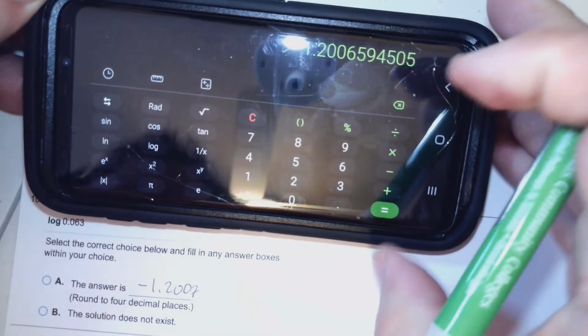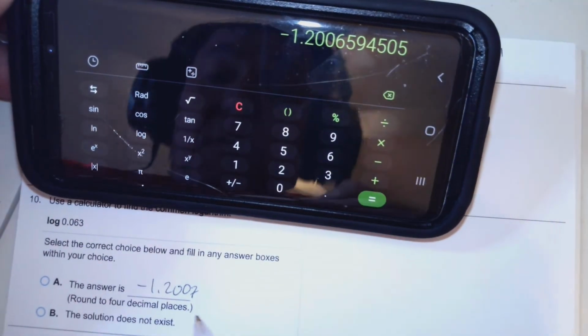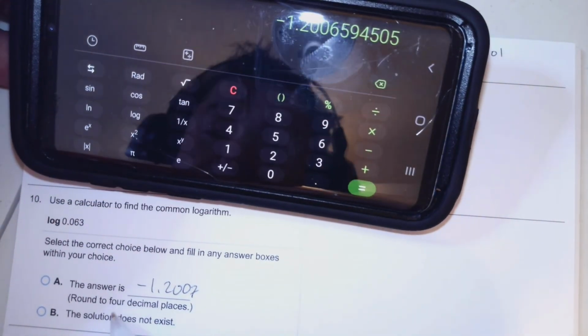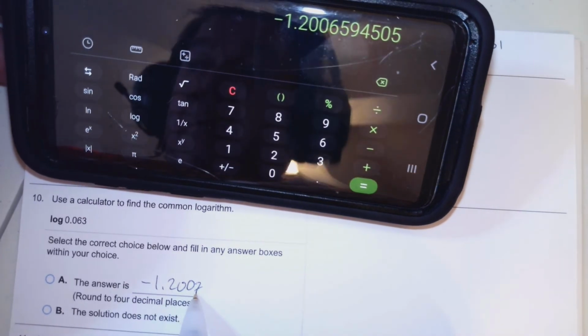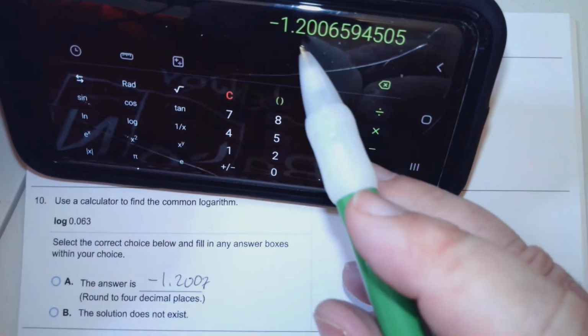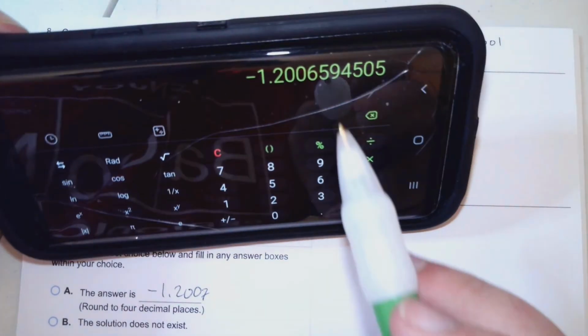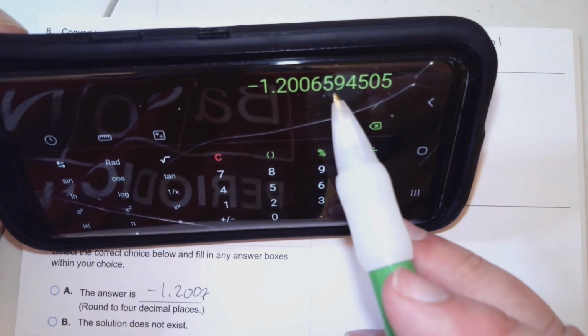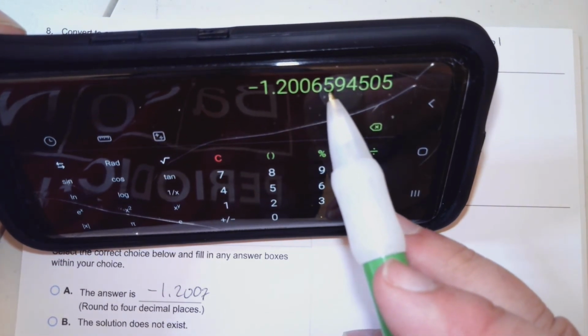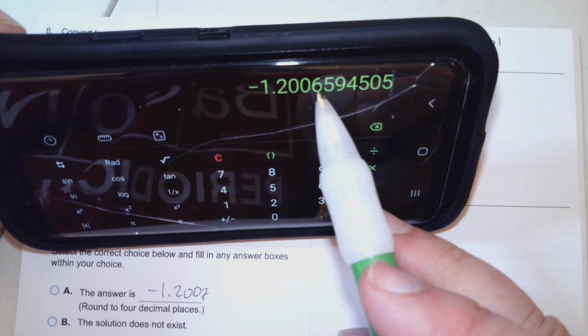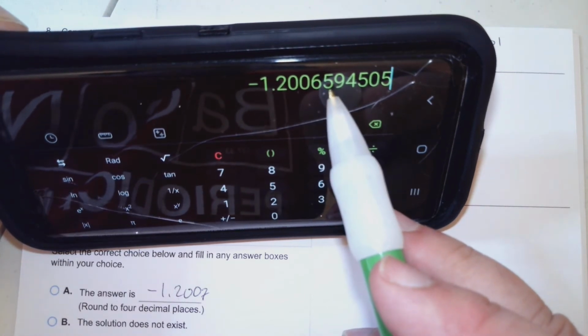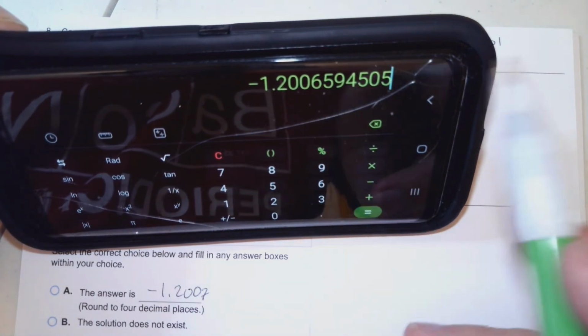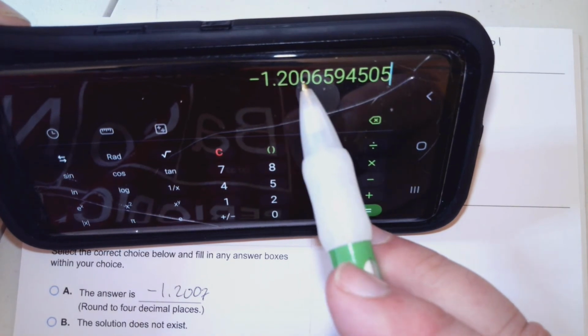I don't know how many decimal places it's going to want. 4 decimal places. 1, 2, 3, 4. Since the 5th decimal is a 5, remember, if it's 5 or 9, round that one up 1. If the fifth one is 0 to 4, just drop those off. So it's 2007.